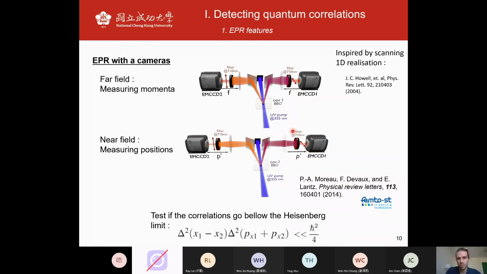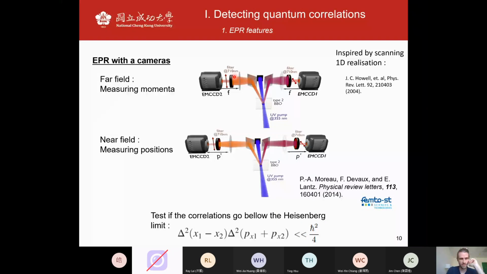The only difference between those two setups is the position of the lenses on each side and the position of the camera along the z-axis, the propagation direction of the light. One setup corresponds to measuring what we call the far field, so that's the measurement of the momenta of the photons. And the other measurement is measuring the position of the photons.